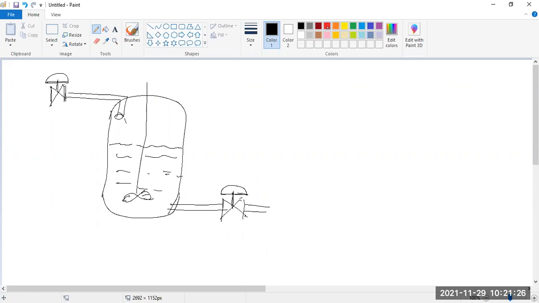And here is the heat exchanger, or you may say it is also a heater. Sometimes a heater is applied directly, or sometimes in industry a heat exchanger is applied. If it is a heat exchanger, then it must have some valve.